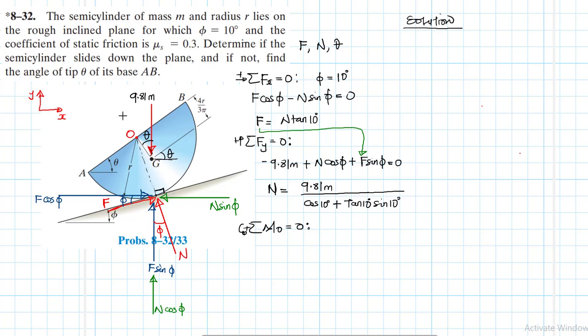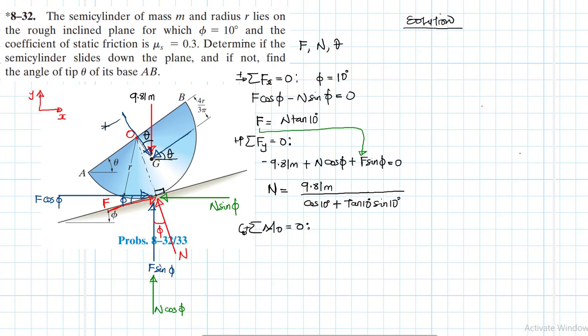Therefore, we are going to have a component here, and then we have another component there. We need these components as we take moments. One component is going through.